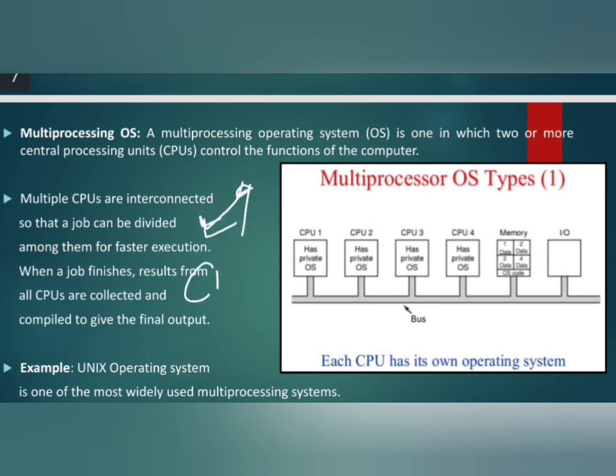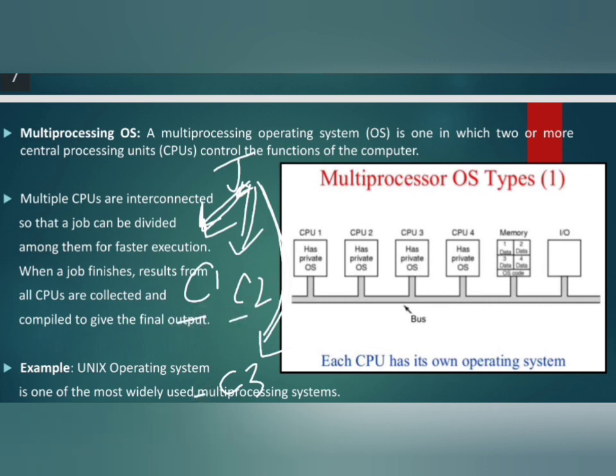Suppose CPU 1, CPU 2 and CPU 3. Fine. So what happens for this particular job? These 3 CPUs are connected, right? So when they are executed, the job is divided and these 3 CPUs execute the job.